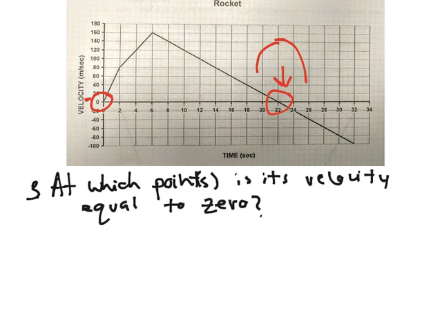Right at the top, if you throw a ball up, at that top point it stops and has to turn back around. So that would be at t equals 0 seconds and t equals 22 seconds.